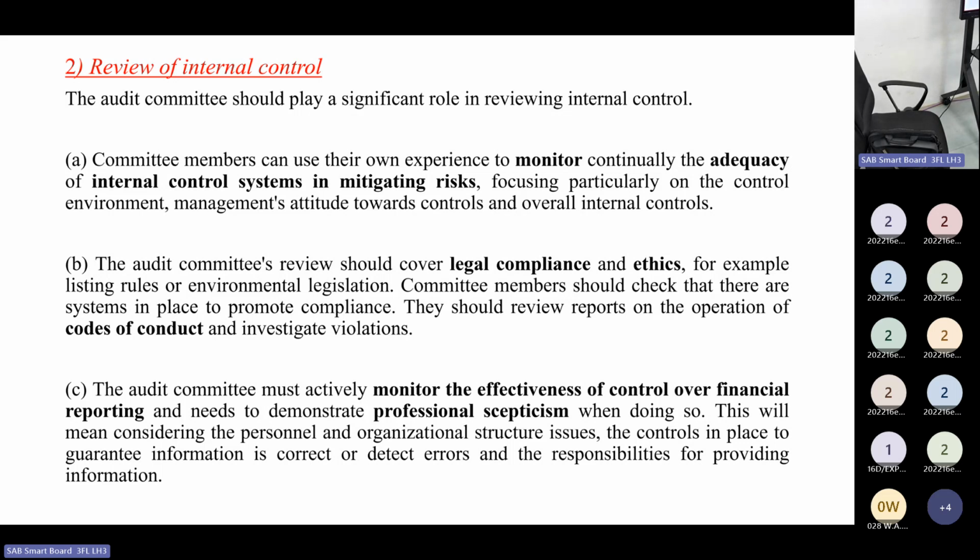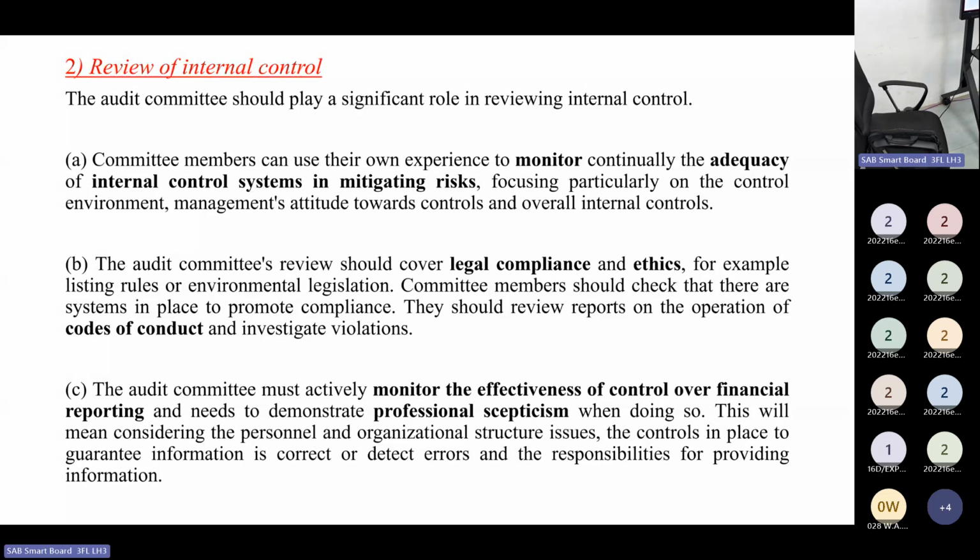What is the second one? The second one is that the audit committee should cover legal compliance and ethics. It has been set legally for our company. If there are regulations being set that we have to follow, right?